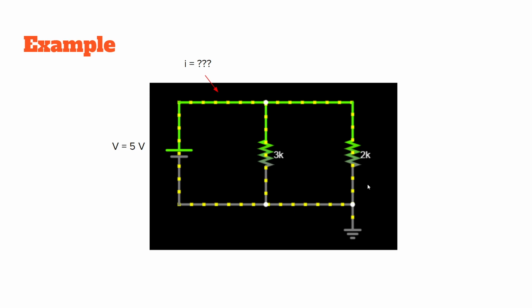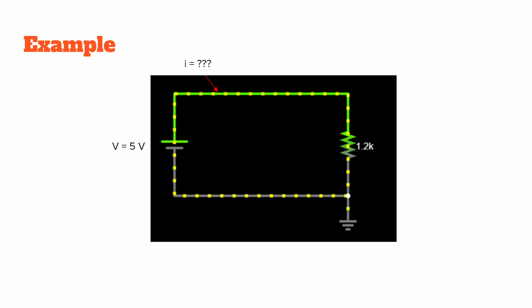We can use that formula that we found above, where you multiply them and then divide by their sum, to come to a final equivalent resistance of 1.2K. So now it's as simple as the first problem that we saw.